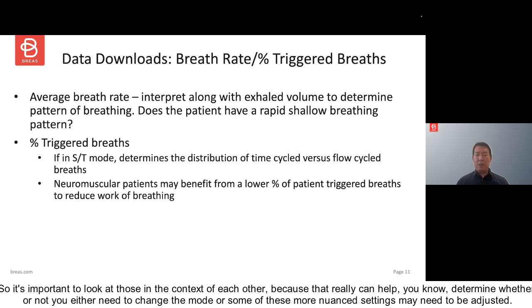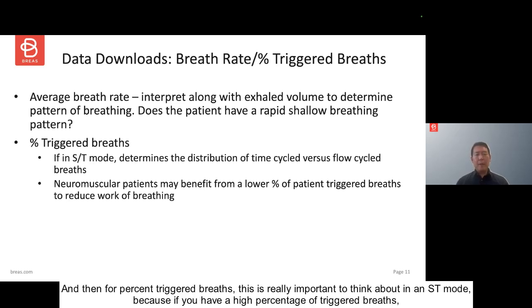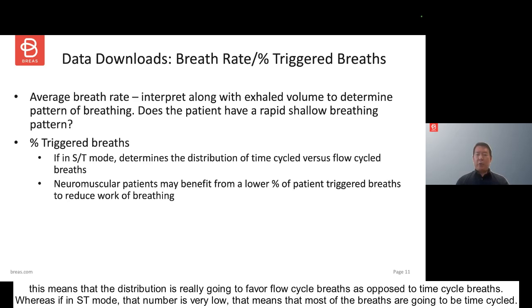determine whether or not you either need to change the mode or some of these more nuanced settings may need to be adjusted. And then for percent triggered breaths, this is really important to think about in an ST mode, because if you have a high percentage of triggered breaths, this means that the distribution is really going to favor flow cycled breaths as opposed to time cycled breaths.